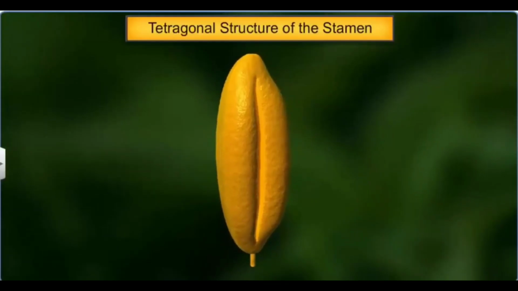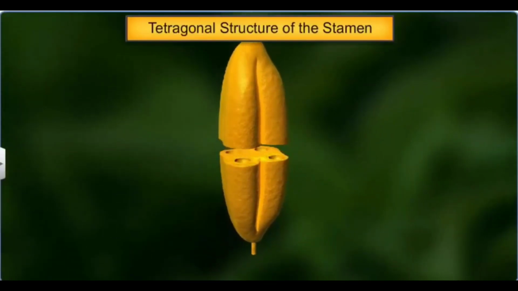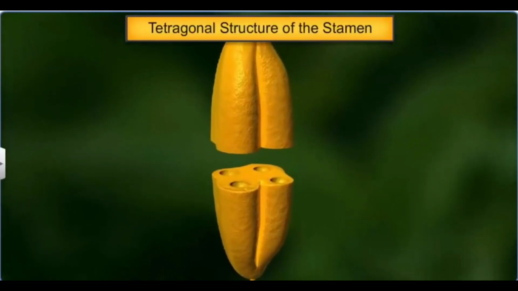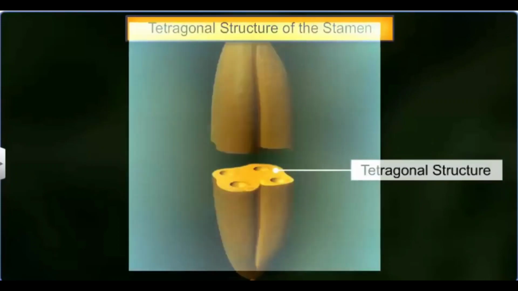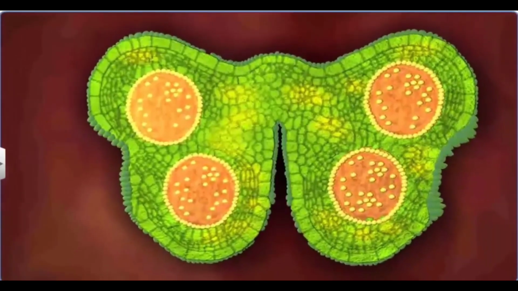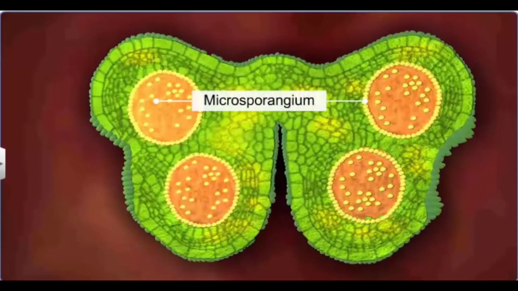The transverse section of the anther reveals that its lobes form a four-sided or a tetragonal structure. In the corner of each lobe is the microsporangium, a sac-like structure which is nearly circular in outline.